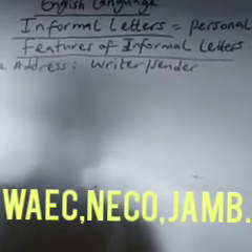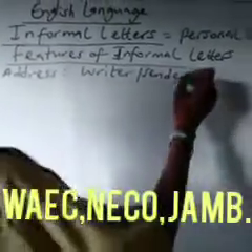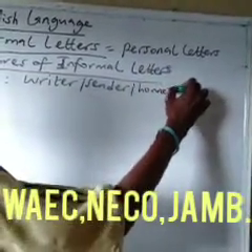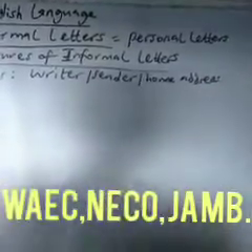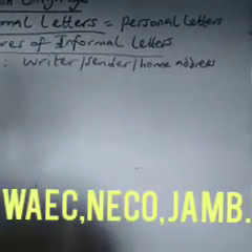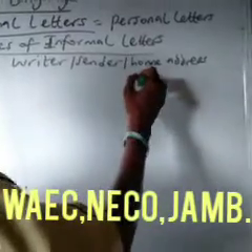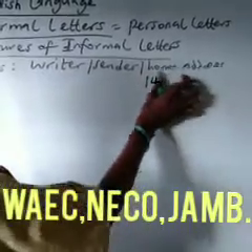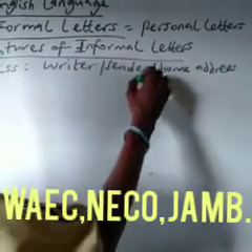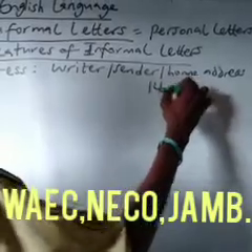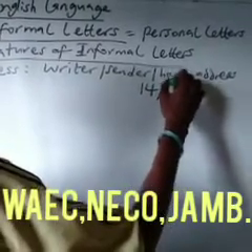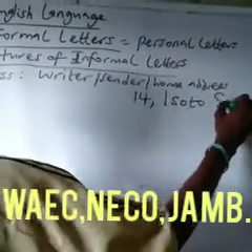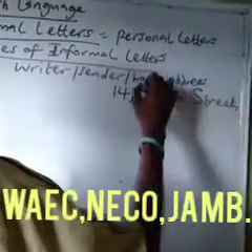For instance, let me give a typical address. That address should be our home address, written at the top right hand side. Let me use the address where I live. For instance, 14, comma, Isoto Street.